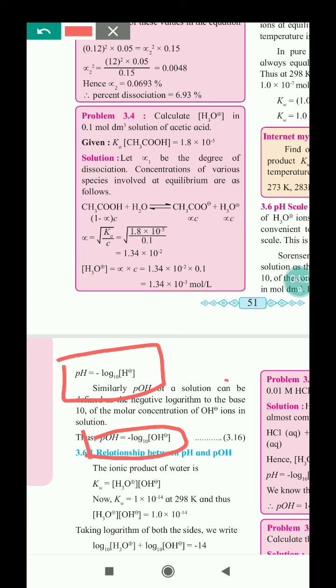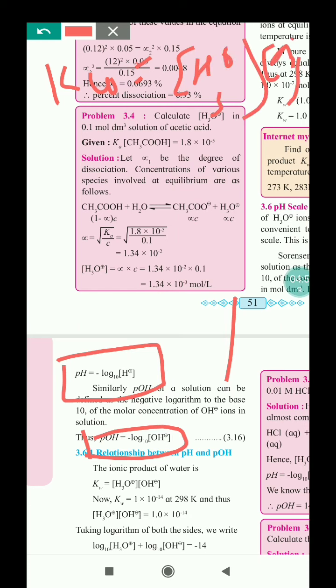Now the relation between pH and pOH: we know that Kw is equal to concentration of H3O positive hydronium ion and OH negative. Here the value of Kw is 1 into 10 to the power minus 14, and here concentration of H positive and OH negative.